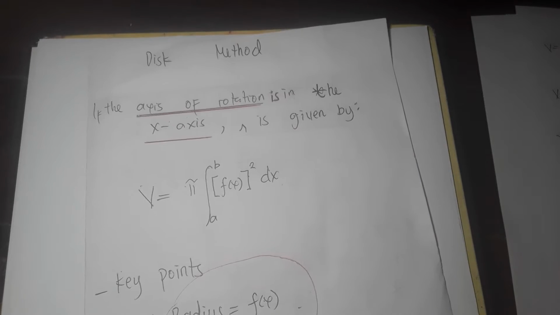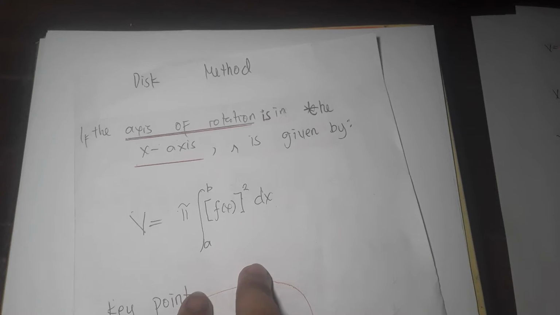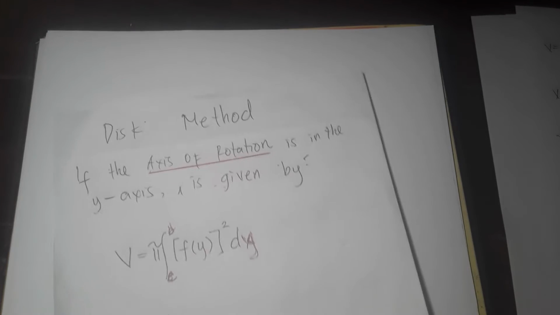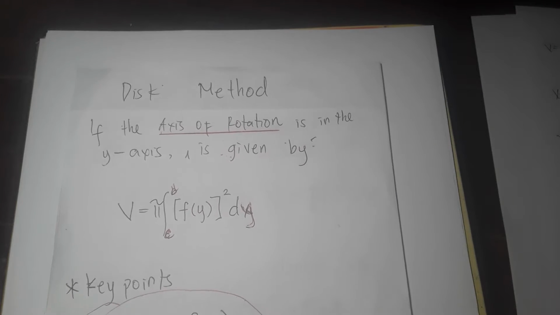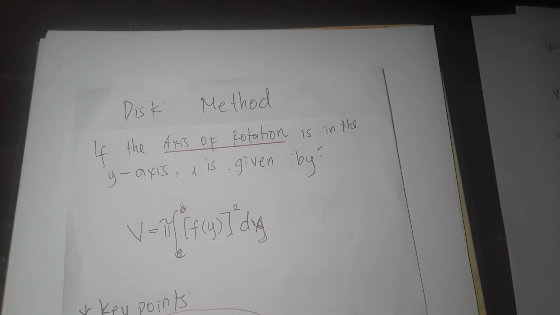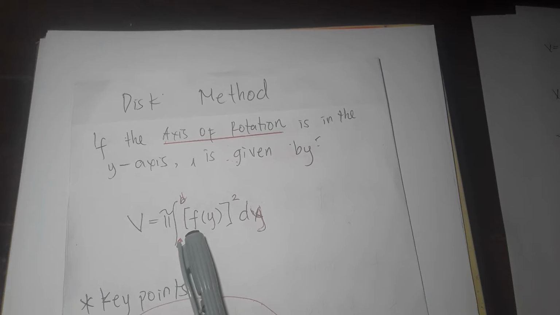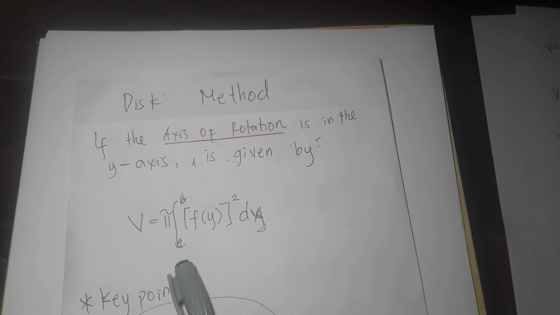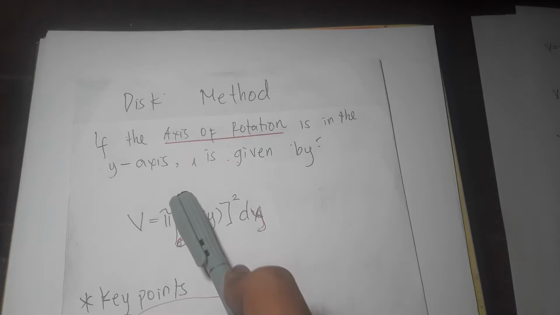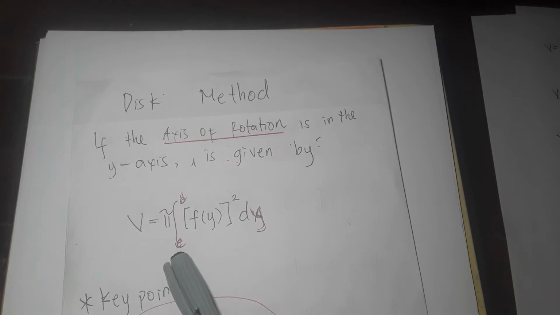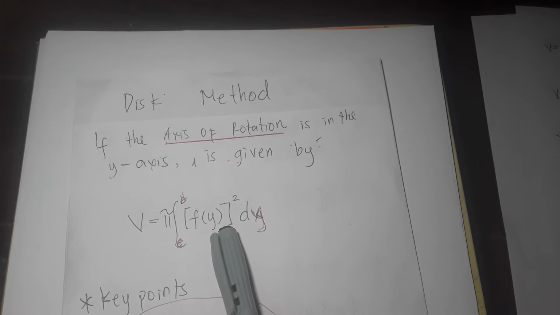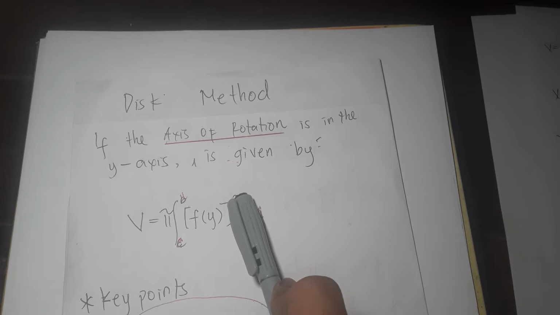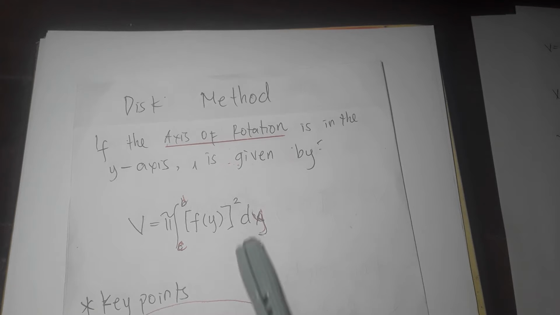For the second case, the axis of rotation is the y-axis. The volume is given by V equals pi times the integral from c to d, the limits of integration, of f of y raised to the second power with respect to y.